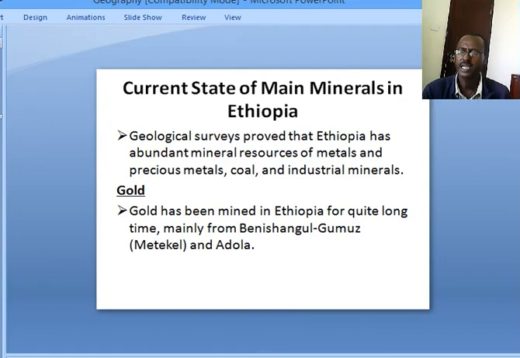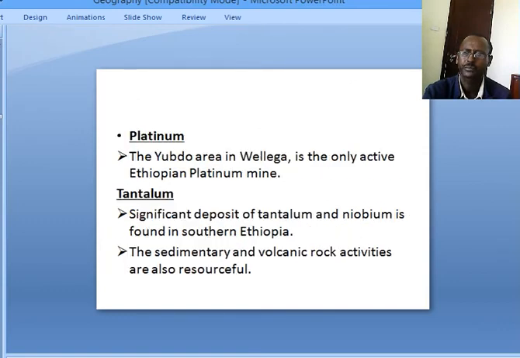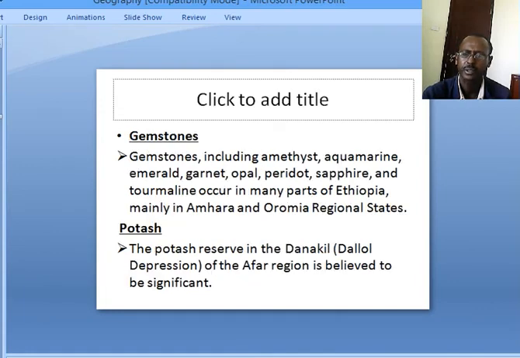Gold has been mined in Ethiopia for quite a long time, mainly from Benishangul Gumuz, Metekel area, and Dola. Platinum. The Yubdo area in Wollega is the only active Ethiopian platinum mine. Tantalum is also found in Ethiopia.